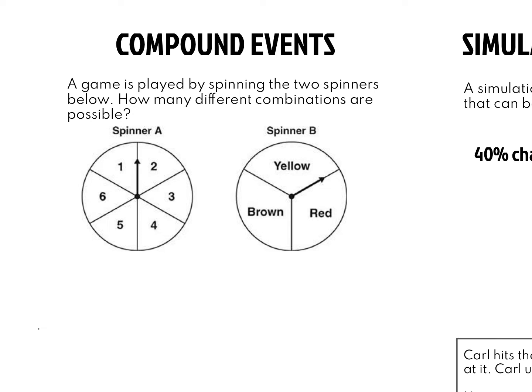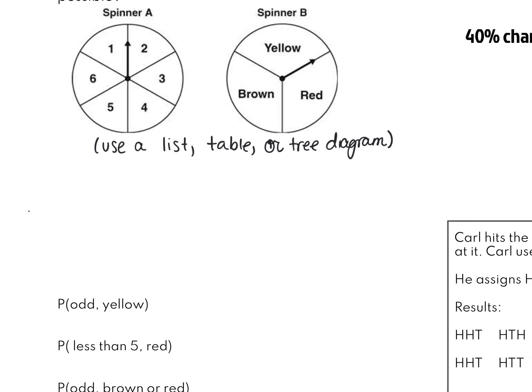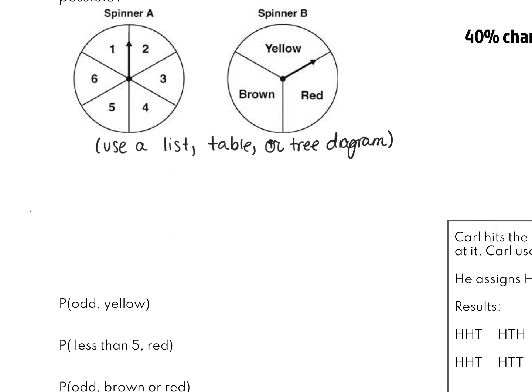For this, you can use a list, a table, or a tree diagram to get all your possible outcomes. I am going to use a table, so I'm going to start with my numbers on the top, 1 through 6.